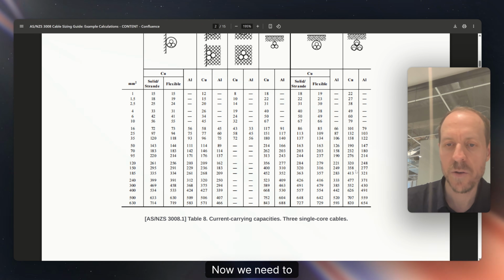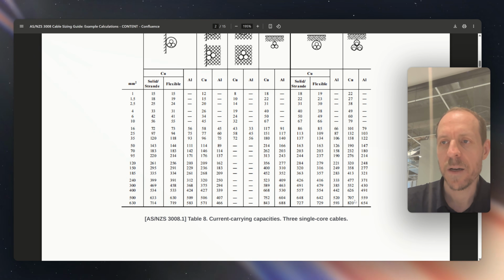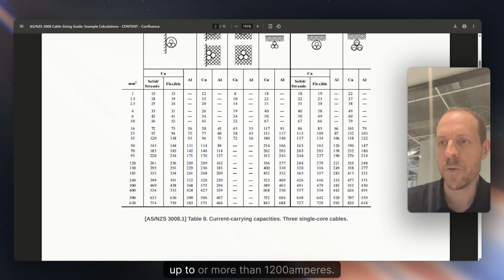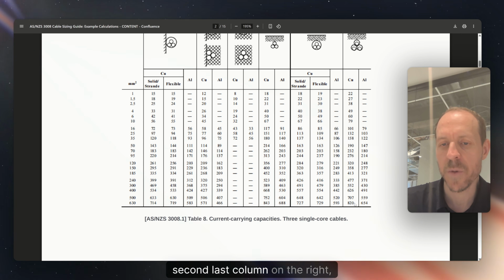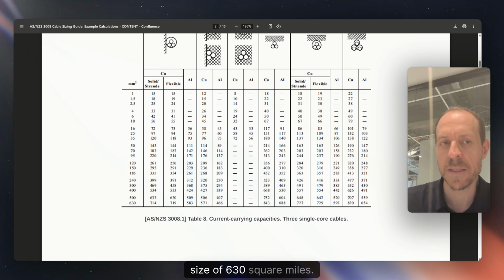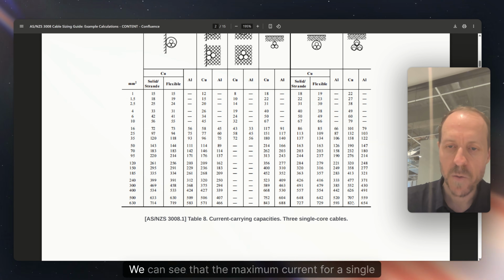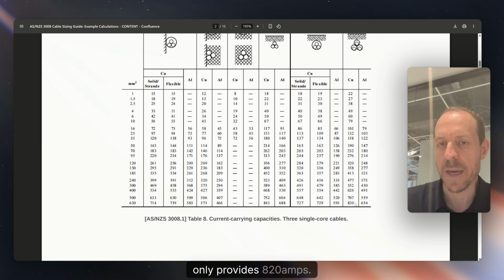Now we need to provide a cable size that allows up to or more than 1200 amperes. So we can see from this column, second last column on the right, versus conductor size, up to a maximum conductor size of 630 square mm, the maximum current for a single circuit of 630 square mm does not meet 1200 amps, only providing 820 amps.